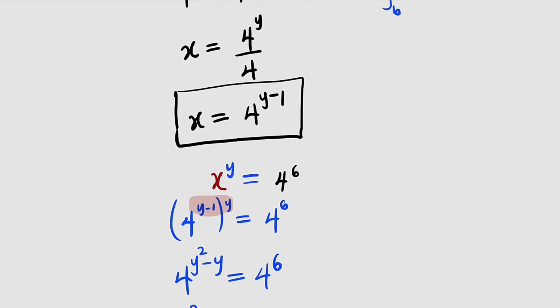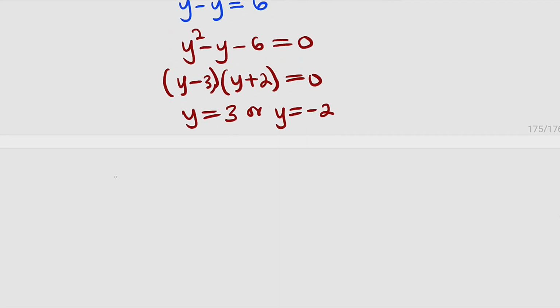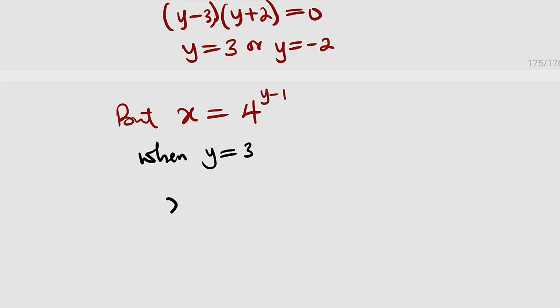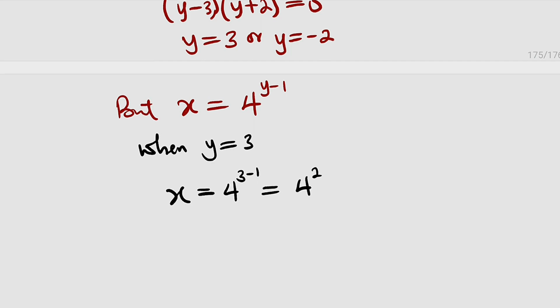But remember that x is equal to 4 to the power of y minus 1. So when y is 3, we have that x is equal to 4 raised to the power of 3 minus 1, which is 4 raised to the power of 2.